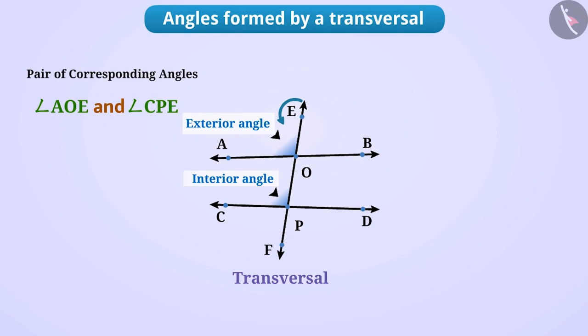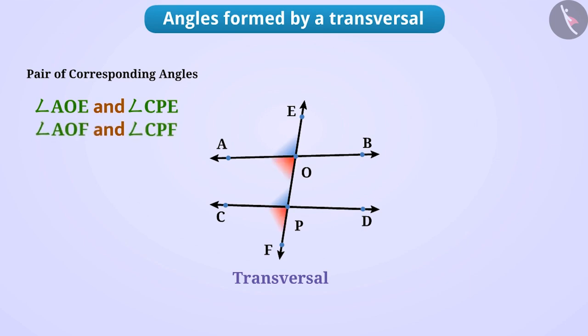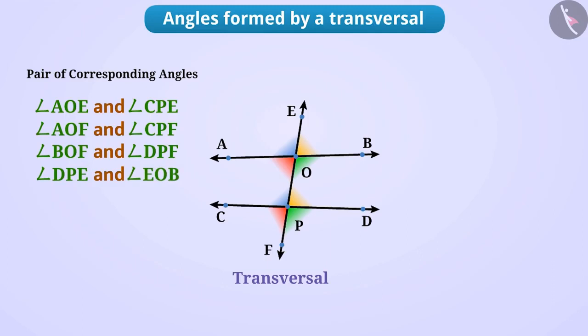Always keep in mind that the corresponding angles are formed at the corresponding positions of two lines, like above and below or left and right. With this understanding, we can obtain some more pairs of corresponding angles: angle AOF and angle CPF, angle BOF and angle DPF, angle DPE and angle EOB.